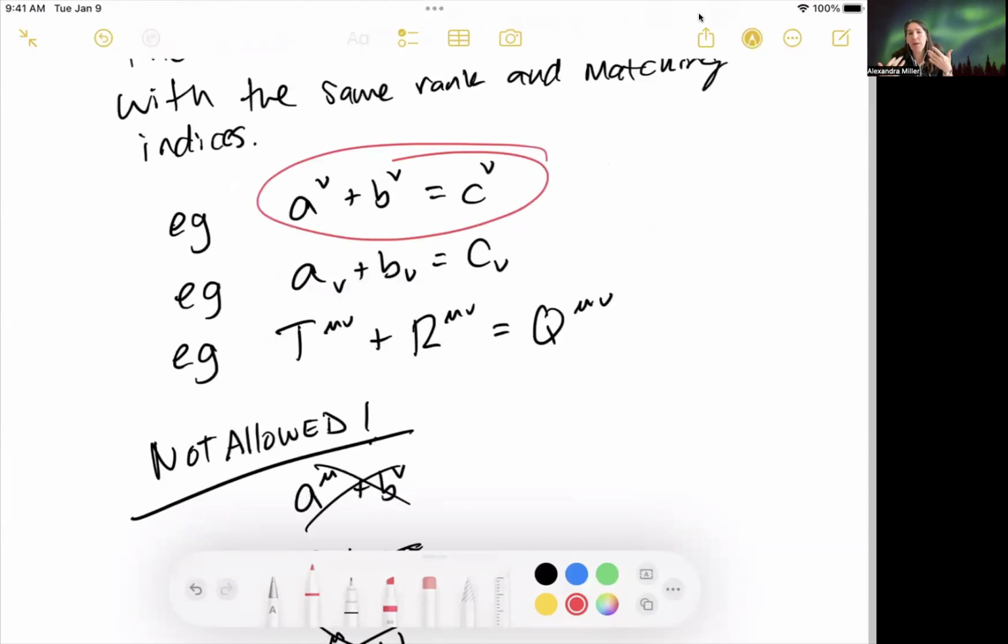I mean repeated within a given term, so there's no sum in this case. Also, the sums are always one upstairs and one downstairs. So this is not usually what people mean when they're talking about a repeated index. When people are talking about repeated indices, which are summed over, they're all in the same term. That's just a subtle point that I wanted to make sure was clear.